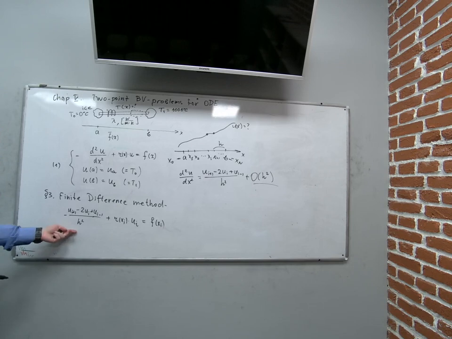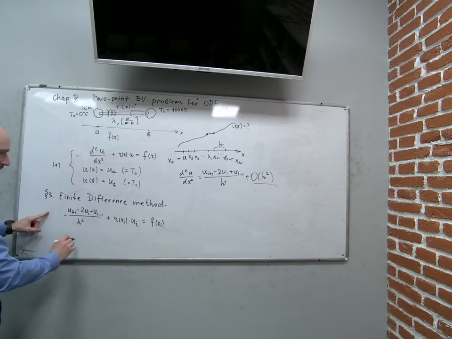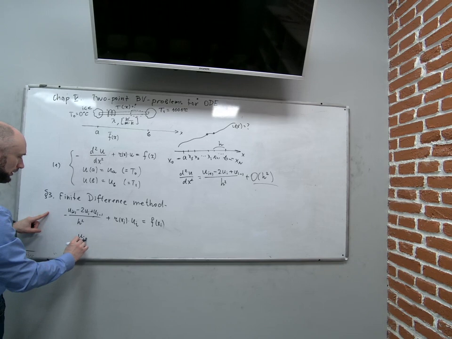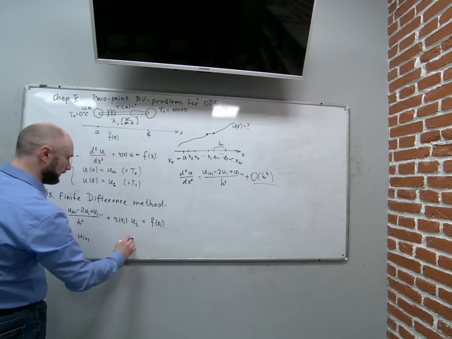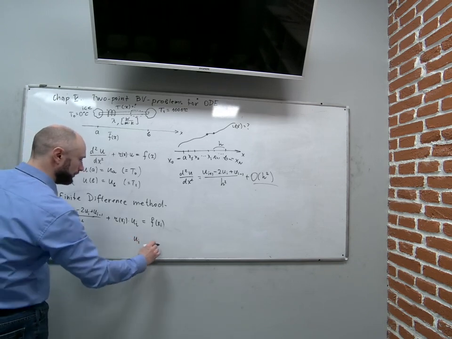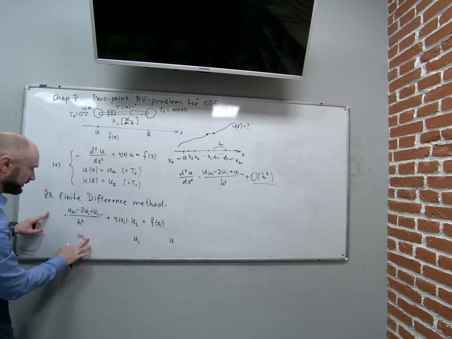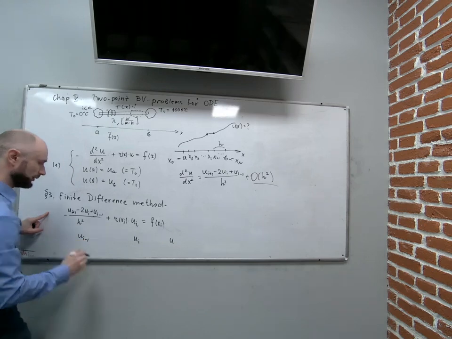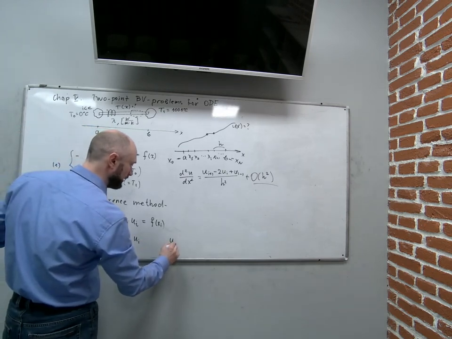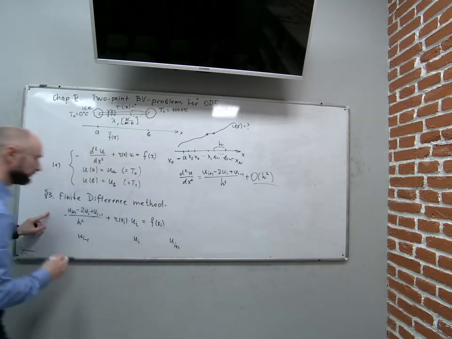So what do we get? Let's rewrite it in a little bit modified form. So we explicitly take out ui plus 1, write ui minus 1 on the first place, and ui plus 1 on the last place.